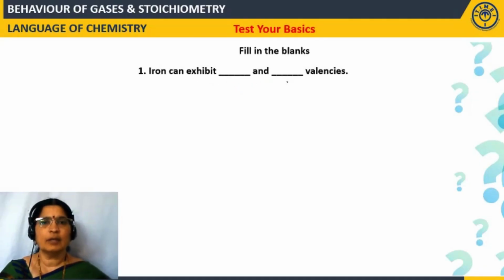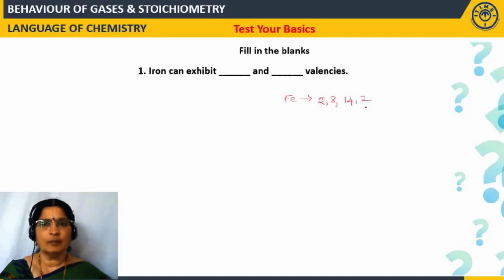Iron can exhibit dash and dash valencies. You know that iron can exhibit variable valencies. It is a transition metal. It can exhibit variable valencies. So let us see the configuration of iron. Atomic number is 26. Therefore, configuration can be written as 2, 8, 14, 2.